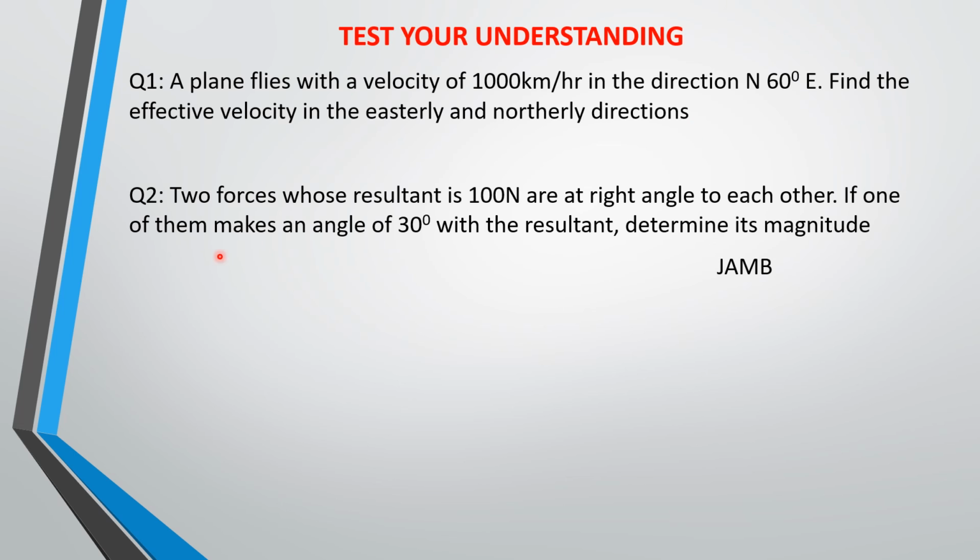Then, two forces whose resultant is 100 Newton are at right angle to each other. If one of them makes an angle of this with the resultant, determine its magnitude. So these are just simple questions that you'll be able to do readily. Right, so try your hands on them. Snap your answers and post them on the WhatsApp number that's showing on your screen. I will look at them and make my own comments.